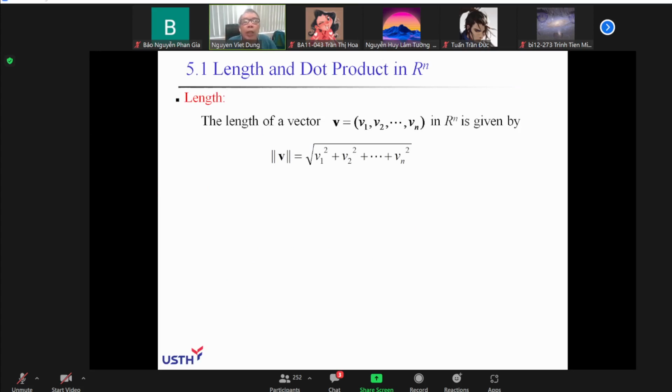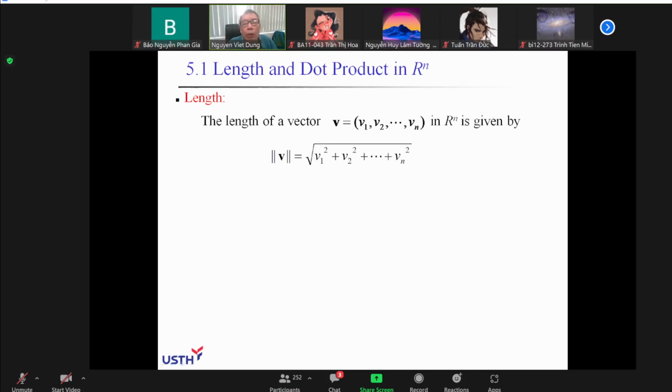First we only consider the n space Rn. For any vector V in n space, a vector is a sequence of numbers V1, V2 up to Vn. For that, we define the length of V to be the square root of V1 squared plus V2 squared plus up to Vn squared.